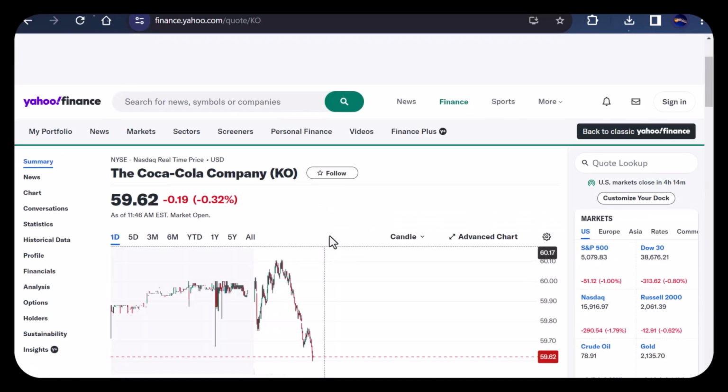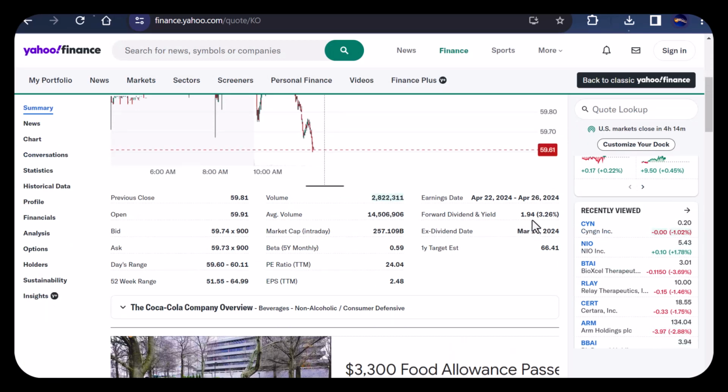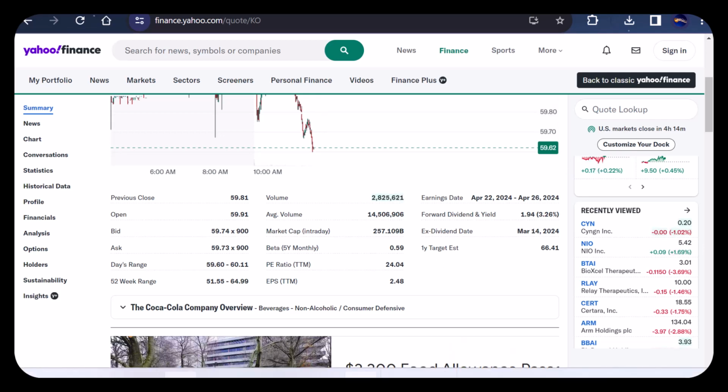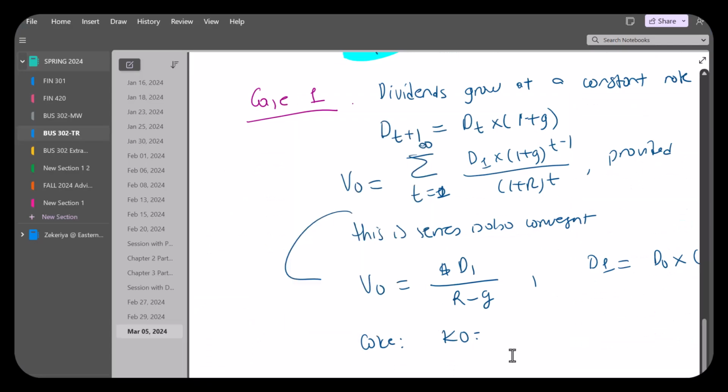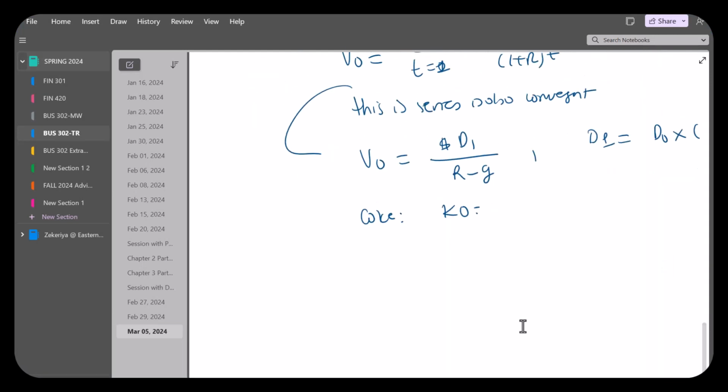Its expected dividend is $1.94 for next year. And assume 9% discount rate.